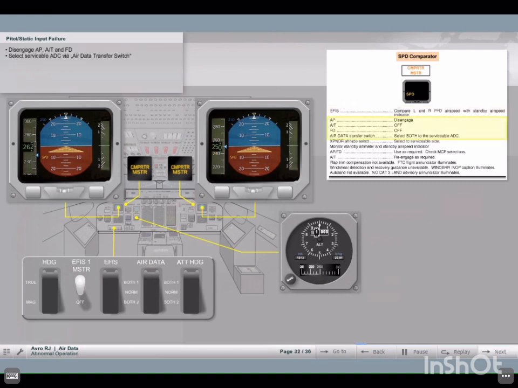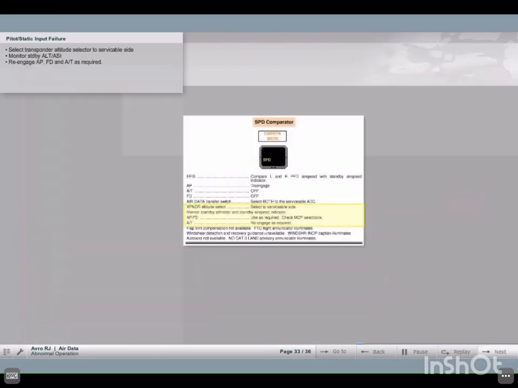Now, we disengage the autopilot and turn off the autothrottle and flight director. The serviceable ADC is then selected using the air data transfer switch, in this case, ADC number 2. The transponder altitude selector is now selected to the serviceable side. Monitor the standby altimeter and airspeed indicator as it is the only redundancy. The autopilot, flight director, and autothrottle can now be re-engaged as required.